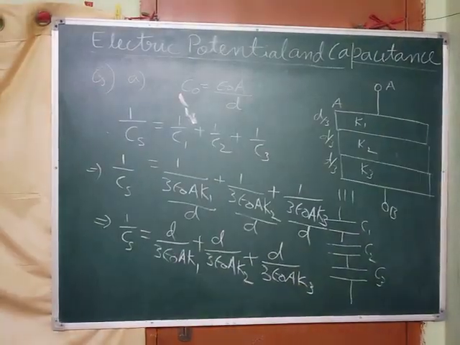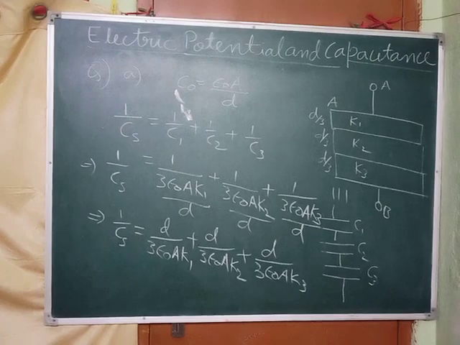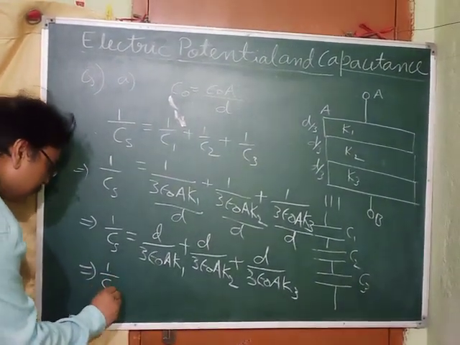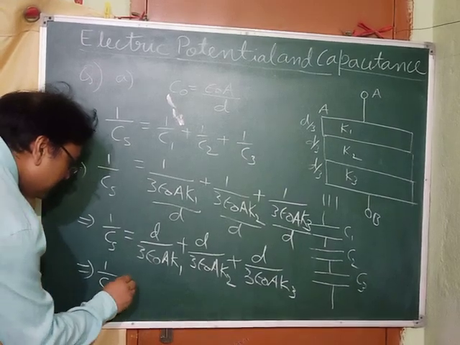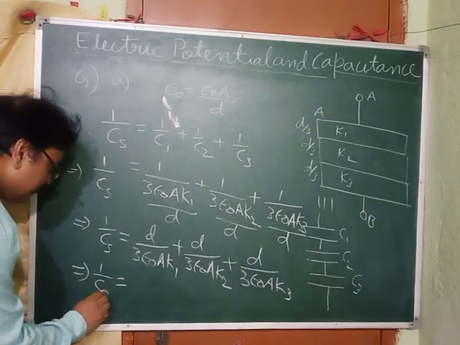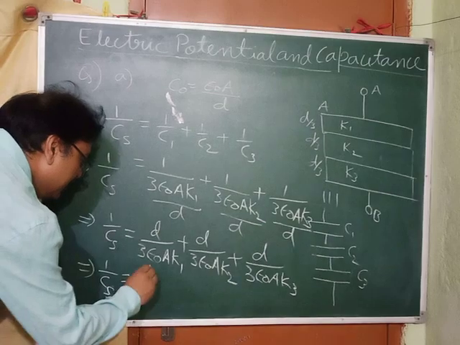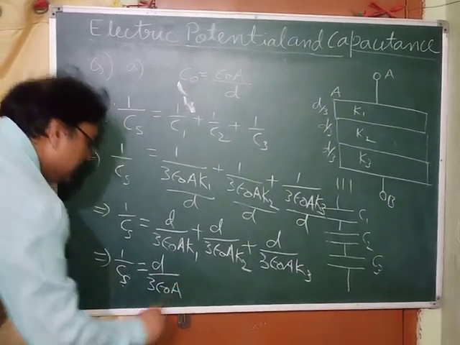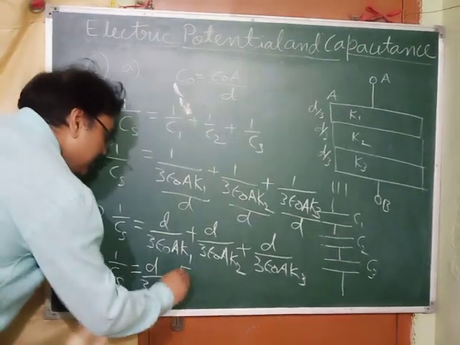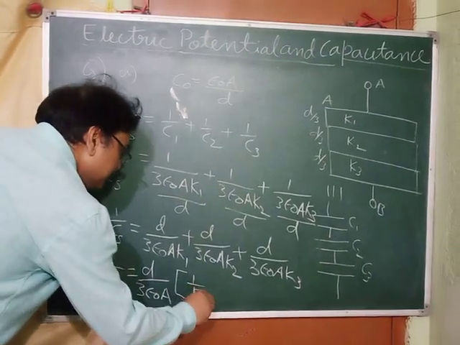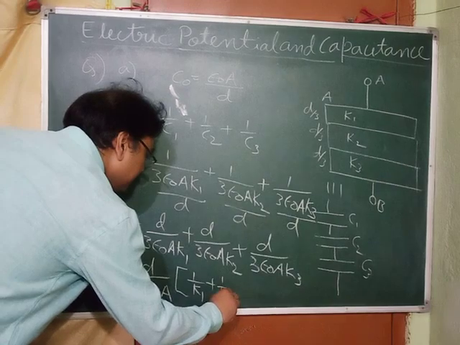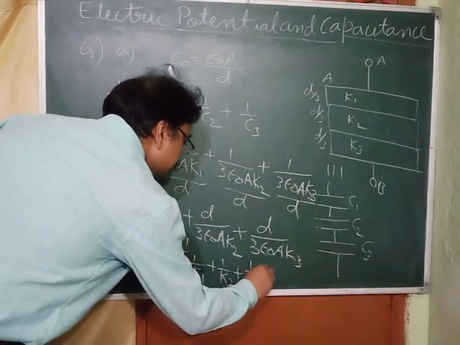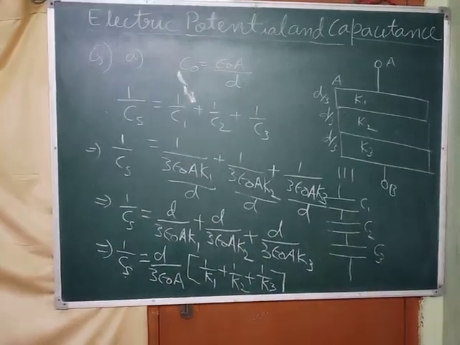That's what we are getting. Now what can we take common? Obviously we can take common d by 3 epsilon naught A, where s is for series. What are we left with? 1 by K1 plus 1 by K2 plus 1 by K3. That's the final result.